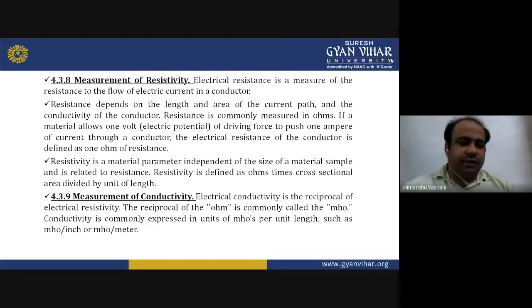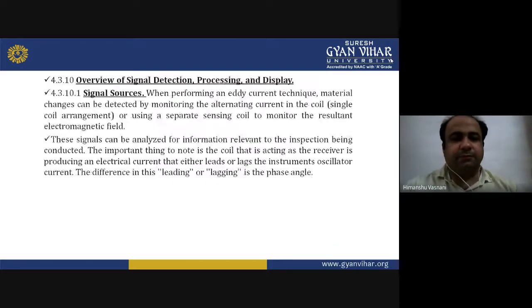So conductivity is commonly expressed in units of mhos per unit length, such as mho per inch or mho per meter.